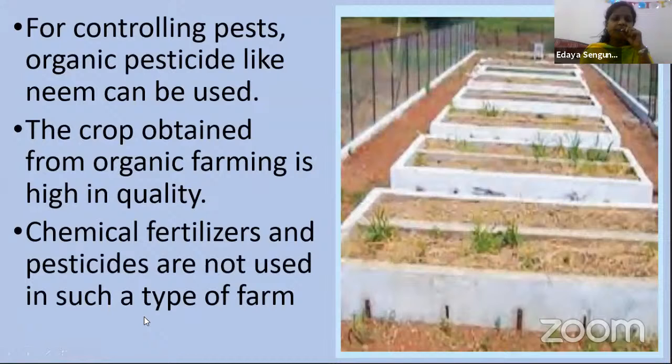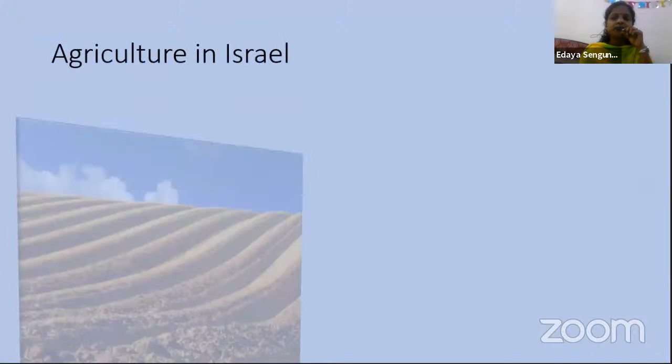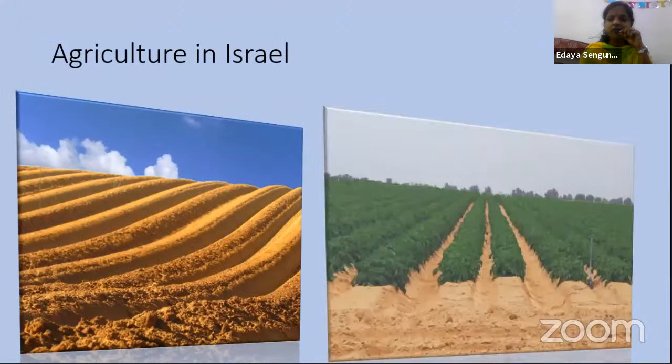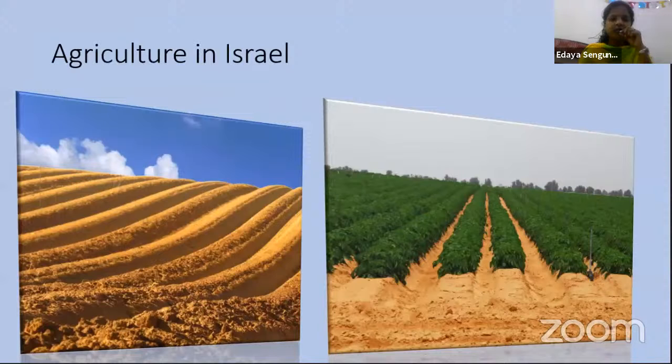Chemical fertilizers and pesticides are not used in such a type of farm. As I told you before, yes, anybody want to say anything? No. Yes. And chemical fertilizers and pesticides are not used in such type of farm. Now, agriculture in Israel, as I told you before, the desert area and the yield is very good. This is the example pic for you.